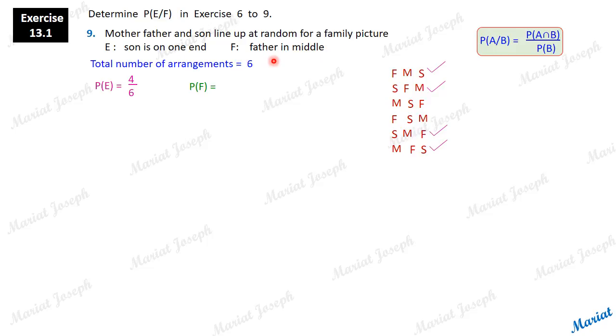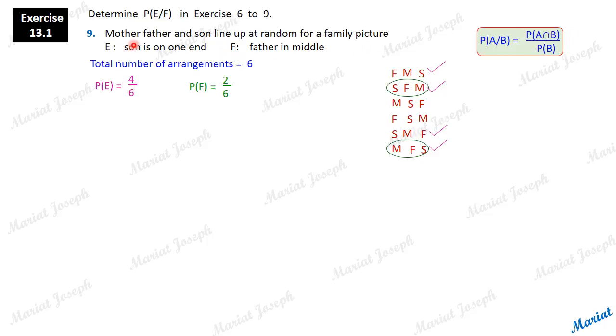Now the condition F says father is in the middle. Father is in the middle if the arrangement is this way or this way. So two possibilities are there. Hence the probability of F is 2 by 6. But our intention is to calculate conditional probability, for which the formula needs the probability of the common elements.